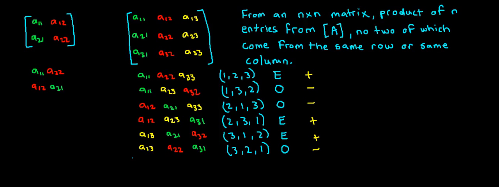Using the 2 by 2 matrix as the example first, the elementary product for a 2 by 2 matrix is going to be the product of 2 entries, no two of which come from the same row or the same column. If I just pick one, A11, I've got to multiply 2 entries.